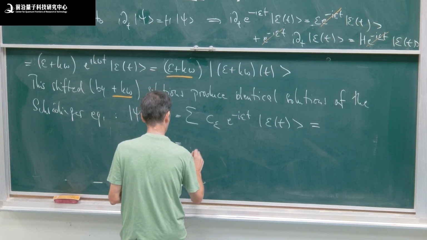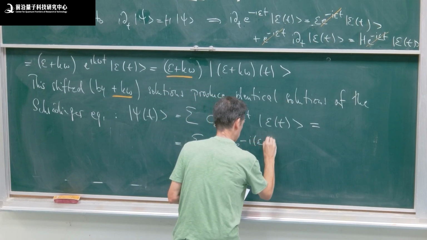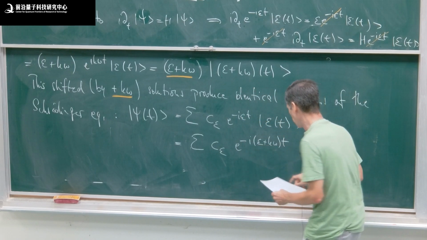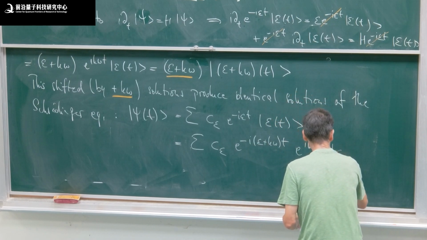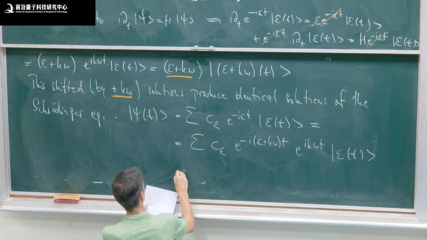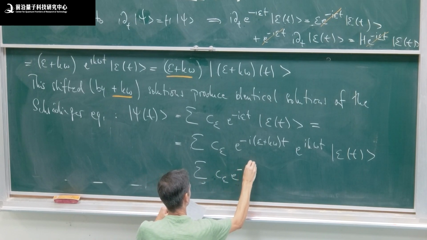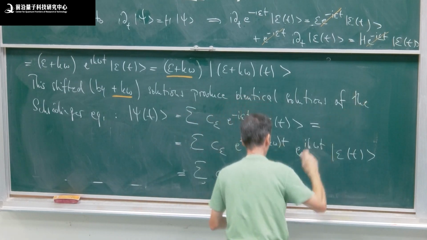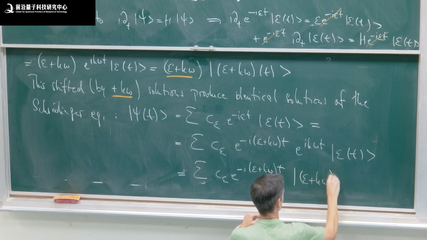So you can write this as c epsilon e to the minus i epsilon plus k omega t, and you compensate with e to the i k omega t epsilon of t. And this is the sum over c epsilon e to the minus i epsilon plus k omega t, and now our new objects, the shifted Floquet eigenstates epsilon plus k omega of t.